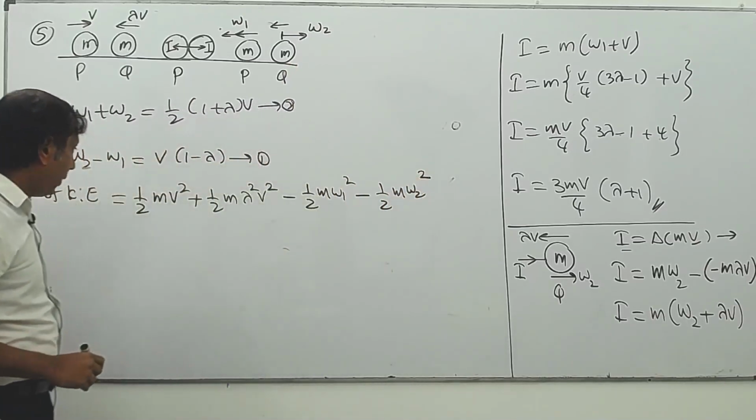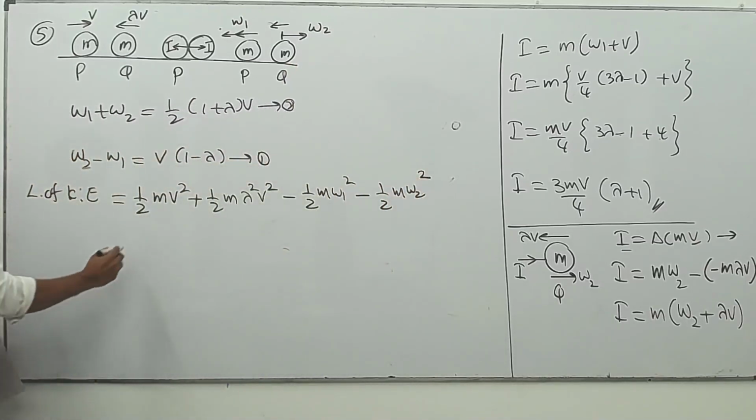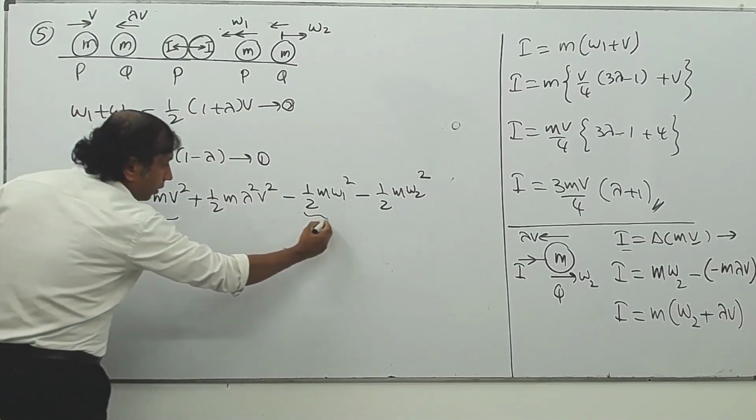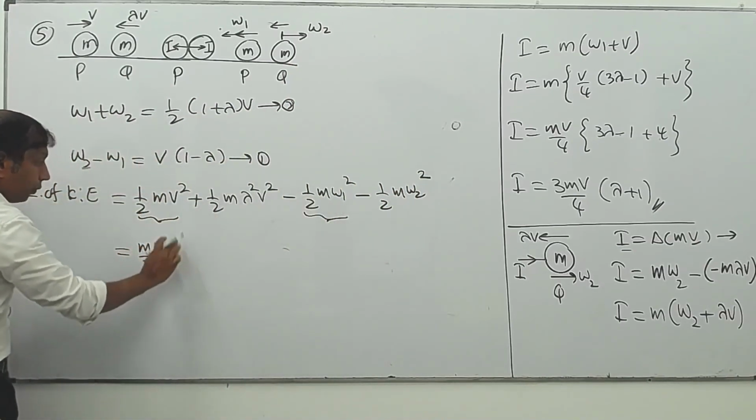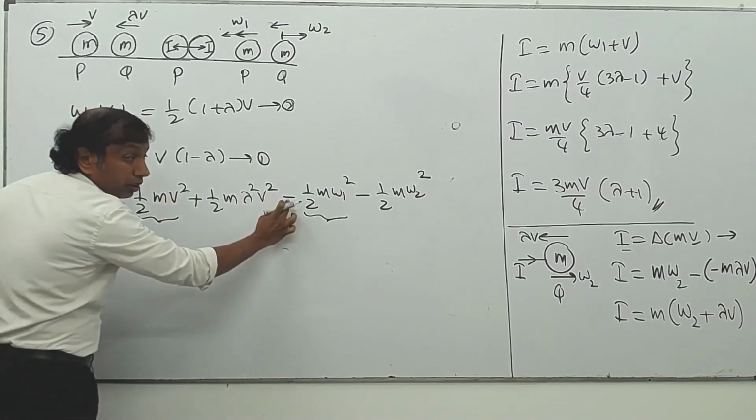Now we can take this term and this term together. Half m is common, take that out, m by 2, then what we get? v squared minus w1 squared.